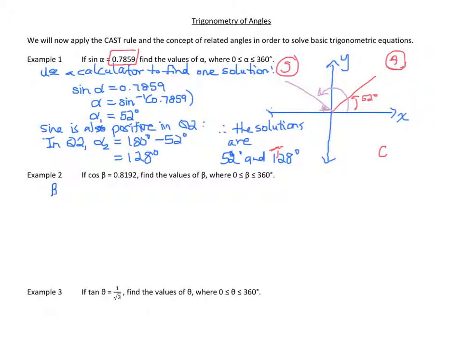So we know that one solution for beta can be found by finding the inverse cosine of 0.8192. And the calculator will tell you that that is 35 degrees. So let's draw a picture of where that is. 35 degrees would have a terminal arm in quadrant 1.